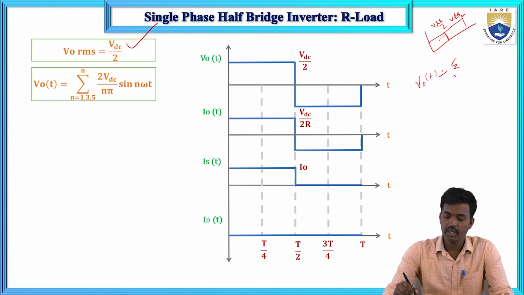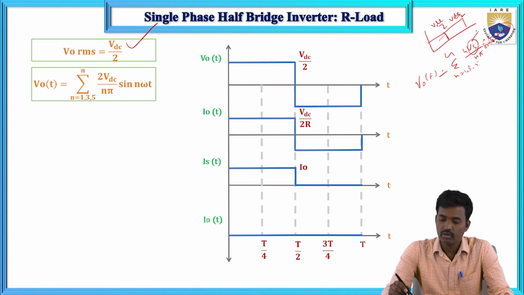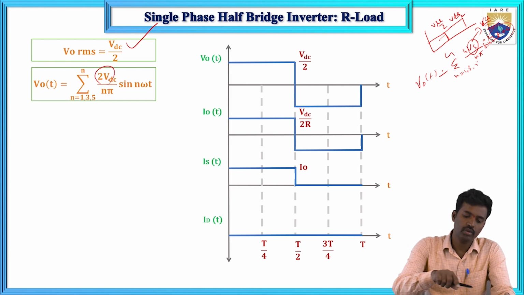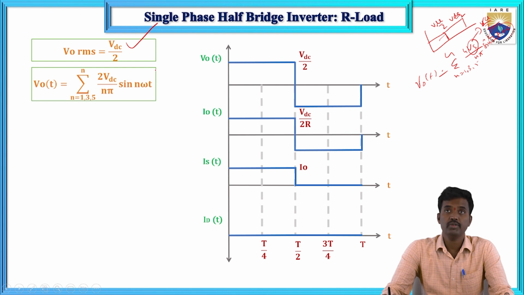It equals sigma n equals 1 to infinity, n equals 1, 3, 5, 4 Vs by n pi sine of n omega t plus phi, and the phi value is 0 here. Here Vs equals VDC by 2, so 4 Vs means 2 VDC. So this is the output voltage Fourier series equation: sigma n equals 1, 3, 5 of 2 VDC by n pi sine n omega t.